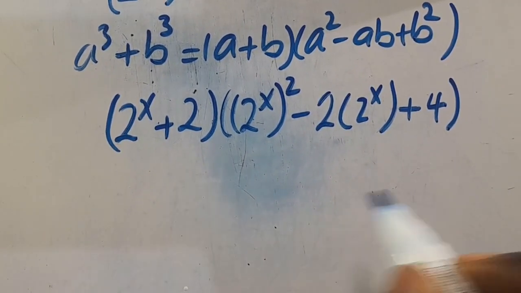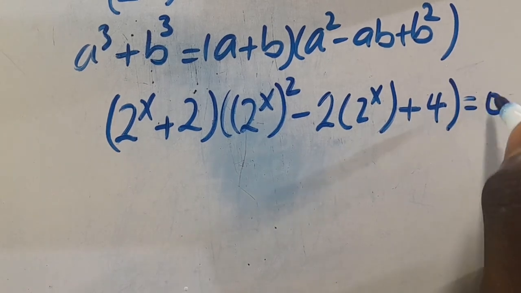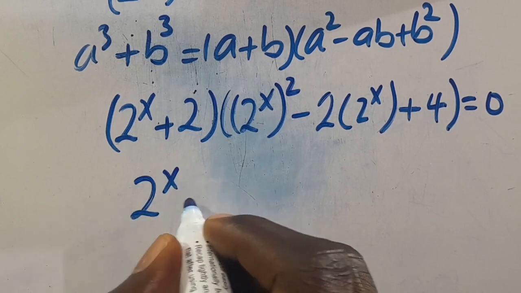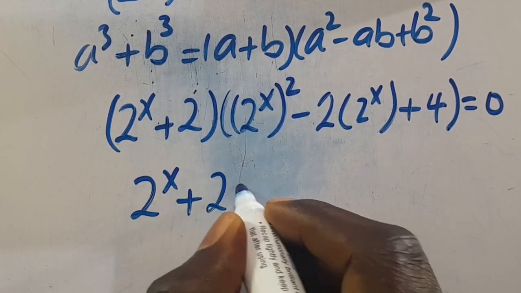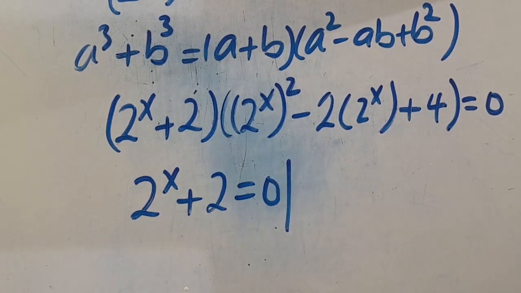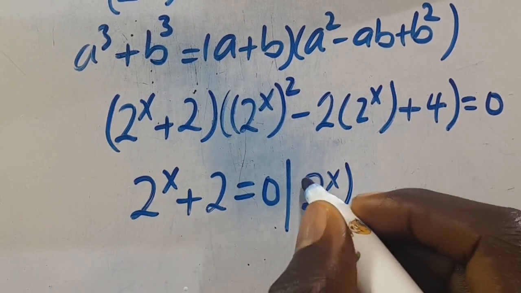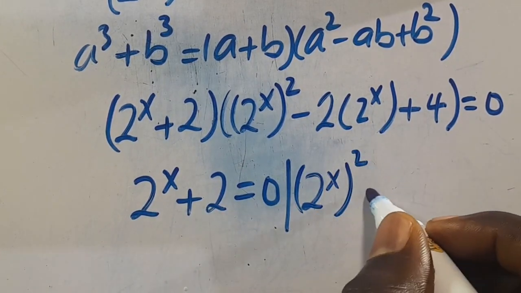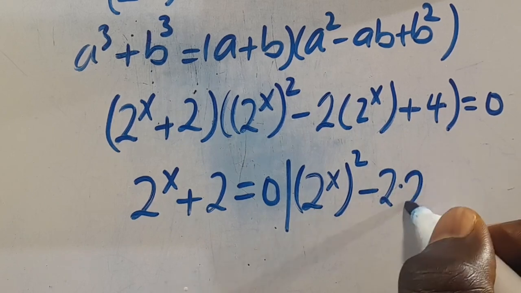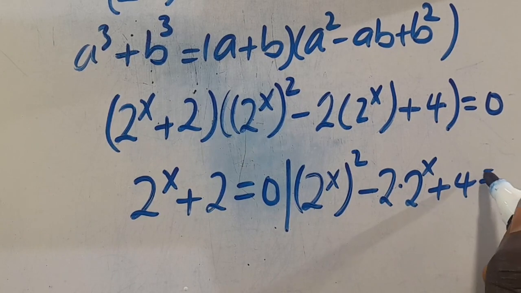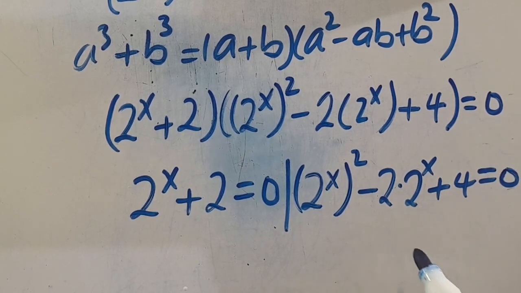So from here, for this expression to be equal to 0, either we have 2 to the power of x plus 2 equals 0, or we have 2 to the power of x, all in parentheses, to the power of 2, minus 2 multiplied by 2 to the power of x plus 4 equals 0.